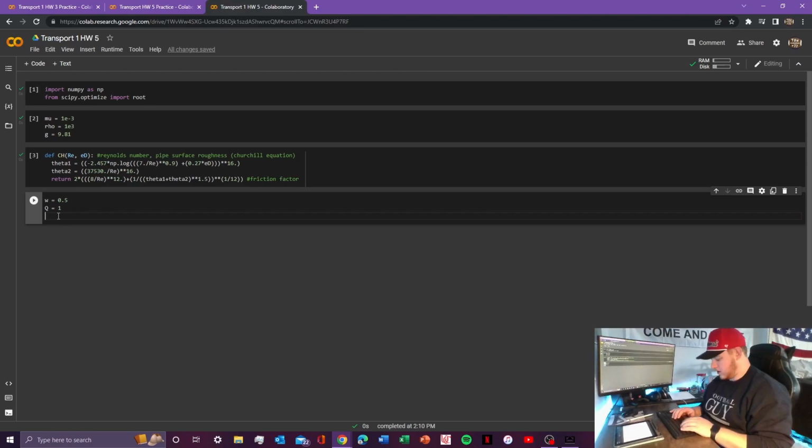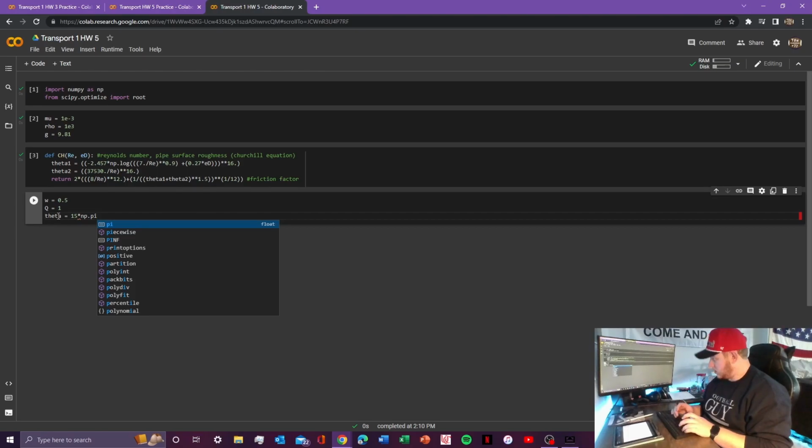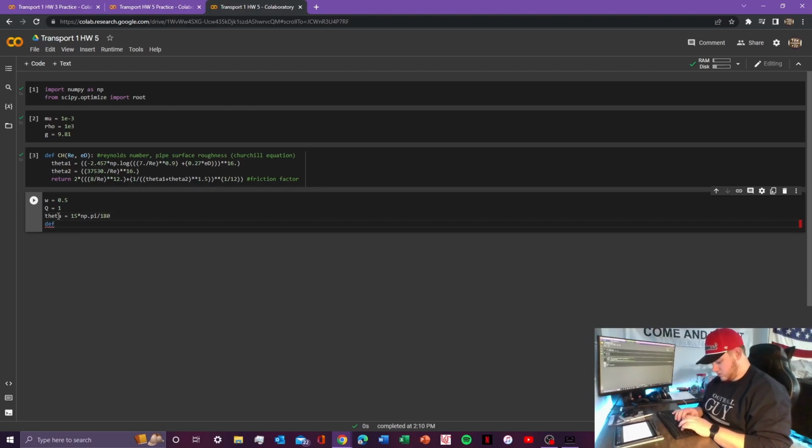What else do we need? Theta is equal to 15 degrees, but let's convert that to radians by multiplying by pi over 180. Okay, perfect. So let's define our equation.